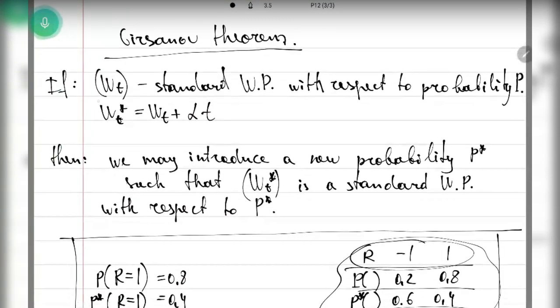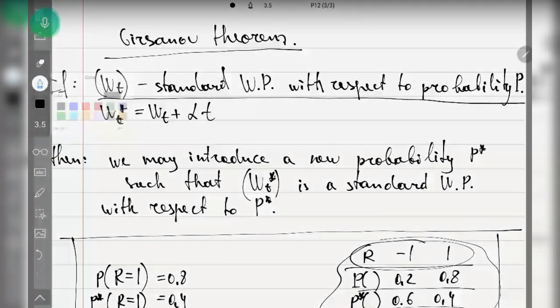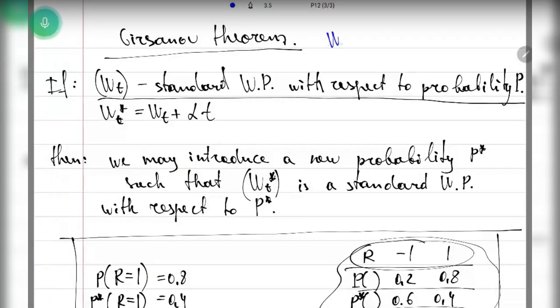What does it mean that WT is a Wiener process with respect to probability P? That means basically that if you consider any two random variables WT and WS, then under probability P, they will be normally distributed with mean 0 and variance T minus S. That's the assumption of the Wiener process.